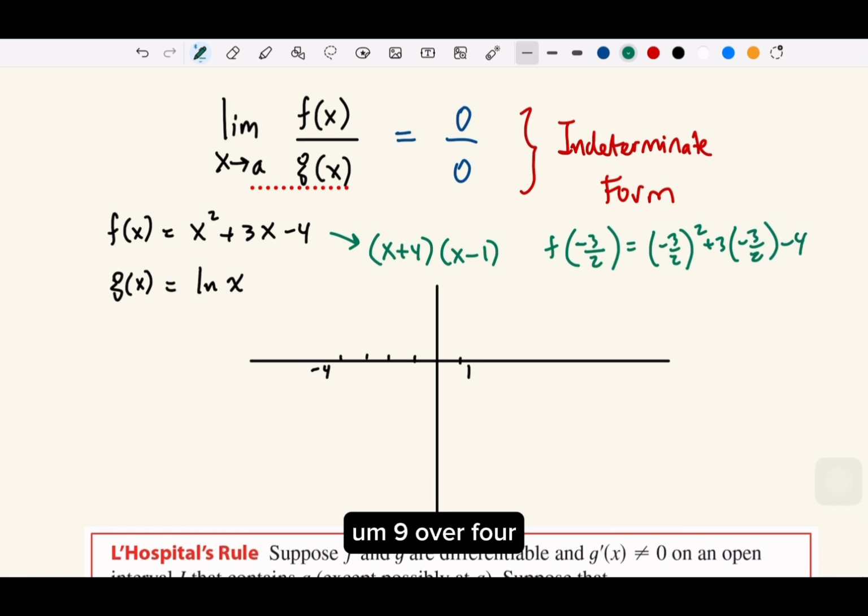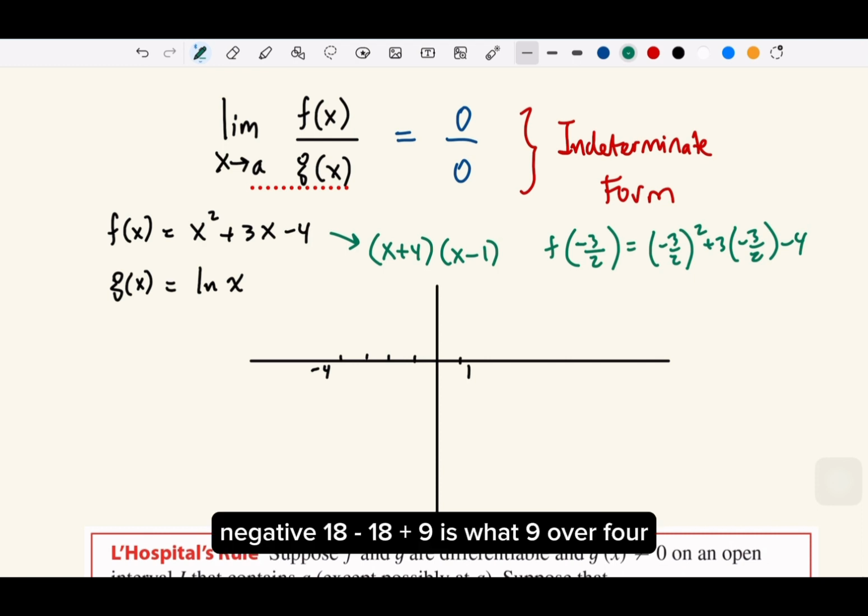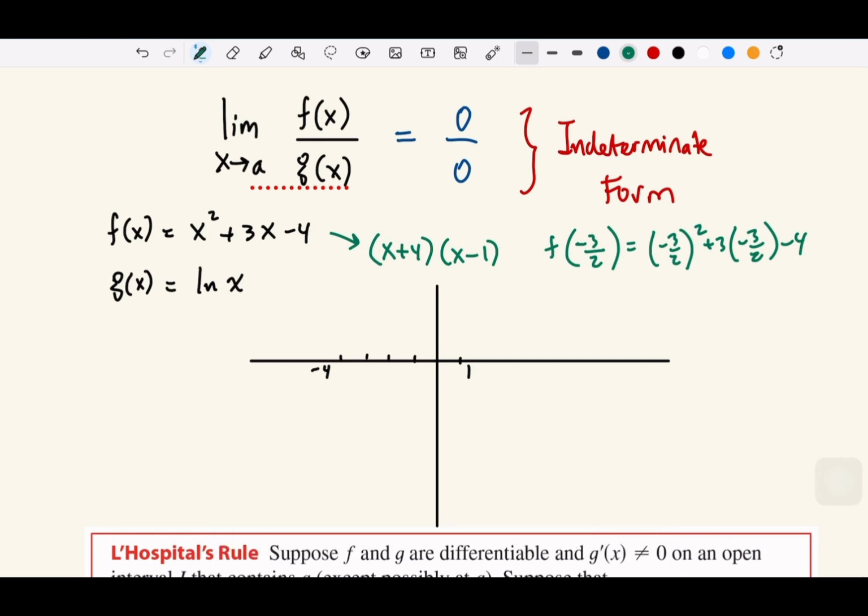9 over 4, negative 9 over 2, so negative 18. Negative 18 plus 9 is what? 9 over 4, it should be 16 over 4 minus 9.